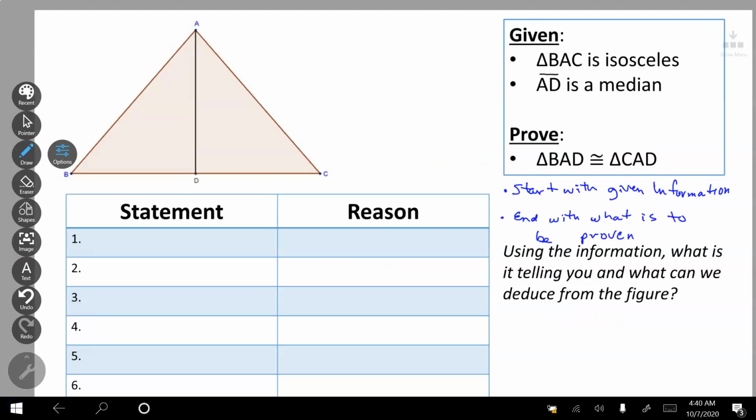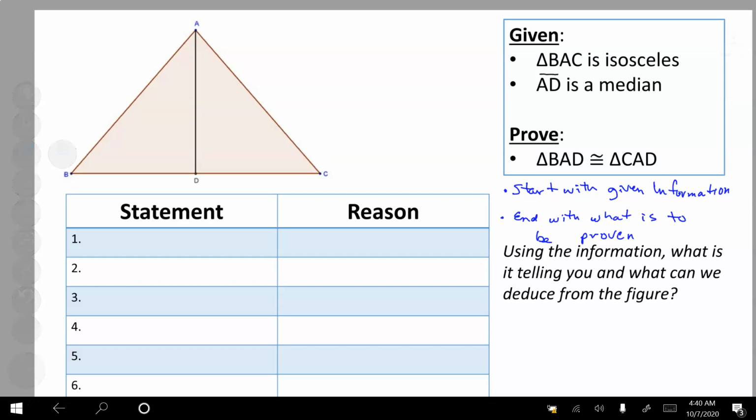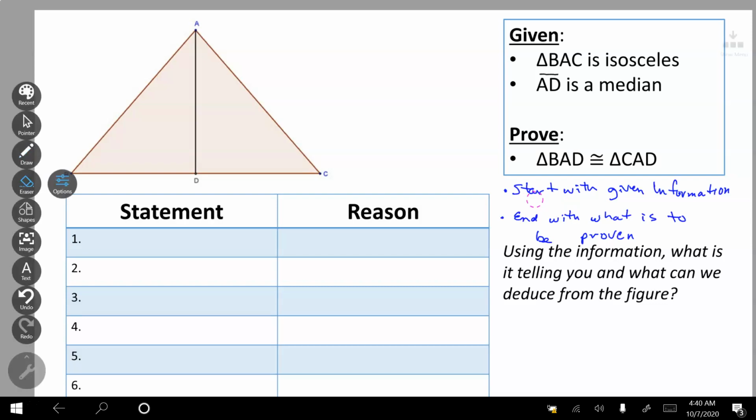So here we go. This is our first proof. We usually set up a two-column system where the left side is a statement that we're going to say, and the right side is a reason why we can make that statement. The idea with the proof is that I want to start with whatever is given to me, and end with what I'm trying to prove. For this example, I have two things given to me.